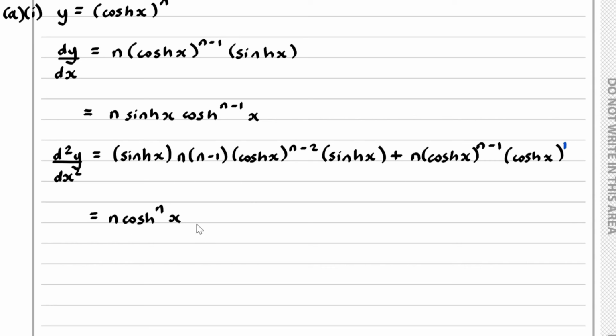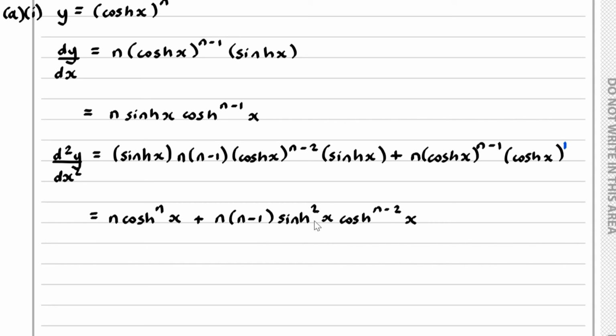And then here I've got n times n minus 1 times sinh squared x times cosh to the n minus 2 x.